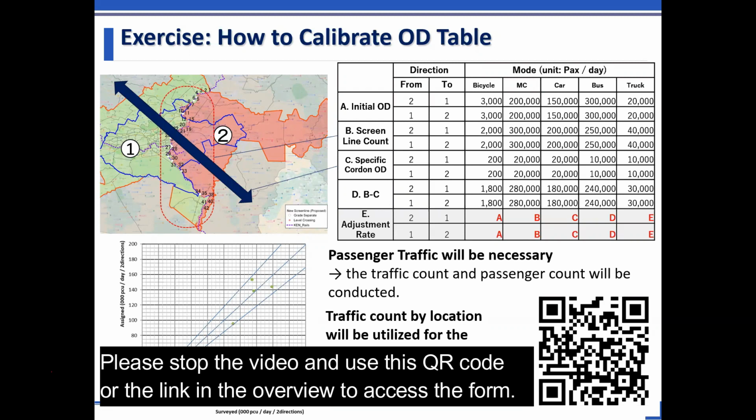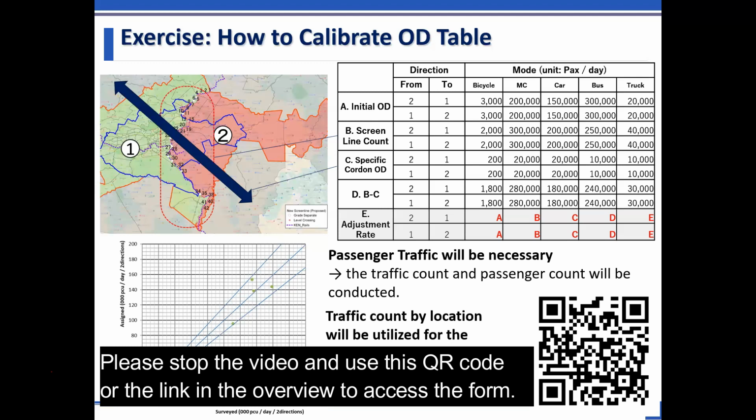According to the figures in the tables, for example, the initial OD means the OD tables developed in the person trip survey. From zone 1 to 2, west side and east side, such traffic volumes can be estimated.